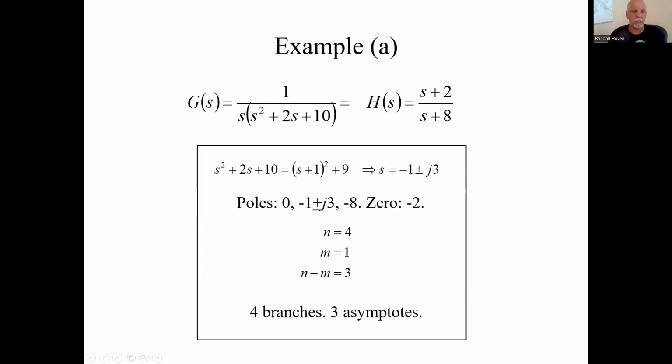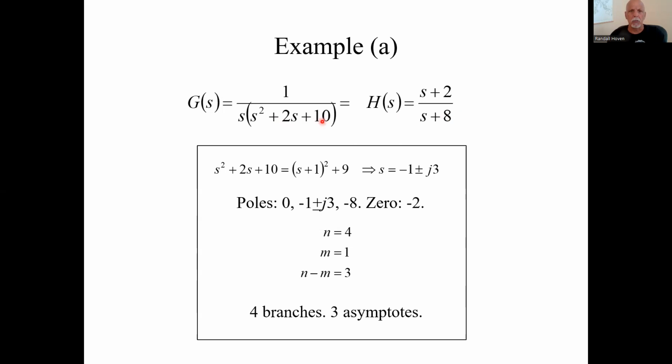So here's the example. There's the G, there's the H. Well, first, this little guy has complex roots. So we can either use the complete the square method, find out that its roots are at -1 plus or minus J3, or you could use the quadratic formula.